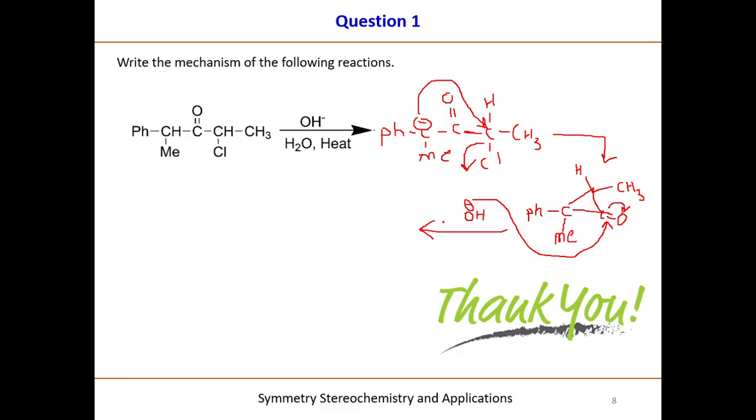It will give this way, and we will get the intermediate Ph, carbon, methyl, carbon, methyl, hydrogen.